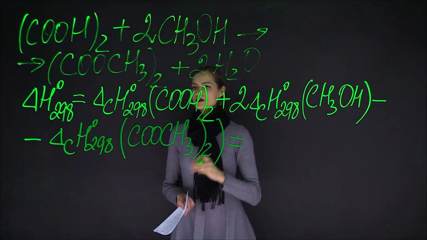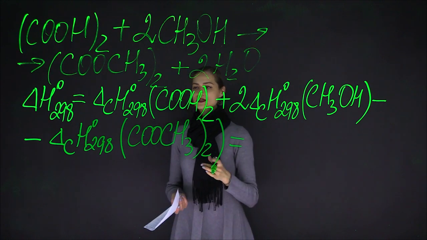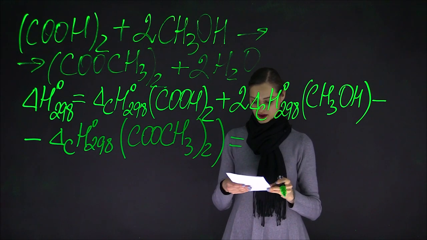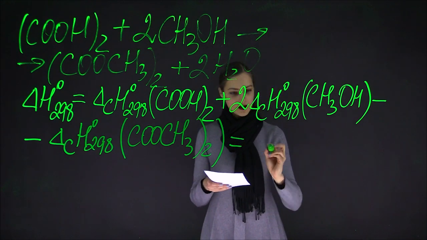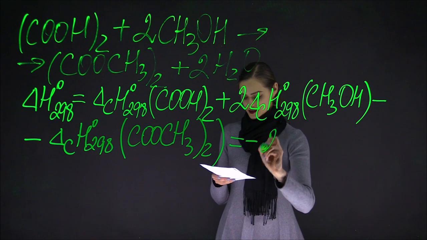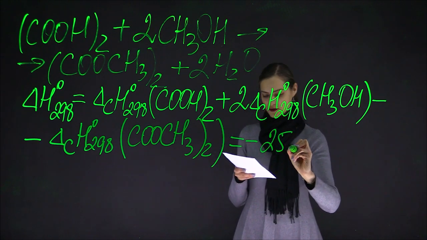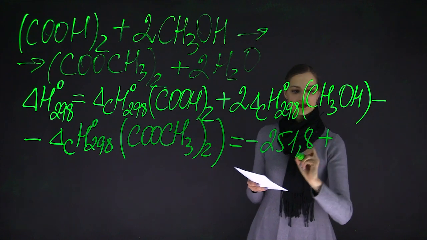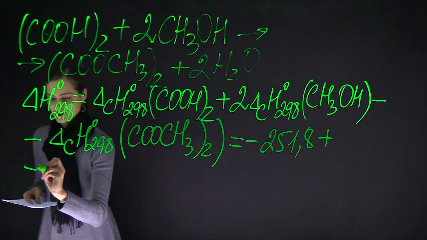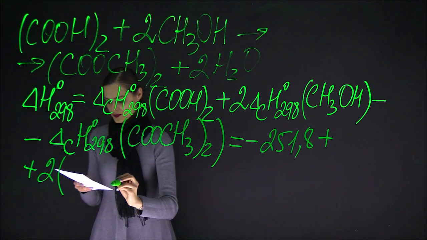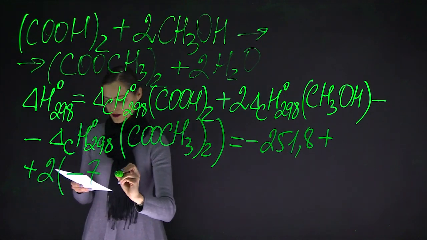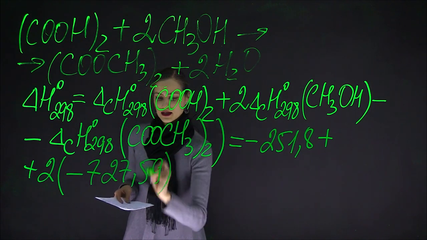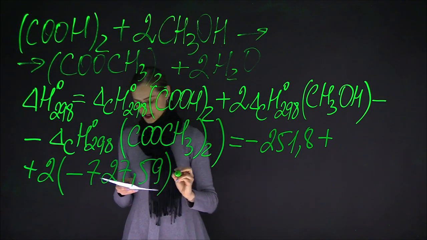Well, let's put here table data, thermodynamic conditions. So what do we write here? Minus 251.8, then plus 2 multiplied by minus 727.59 kilojoules per 1 mole.